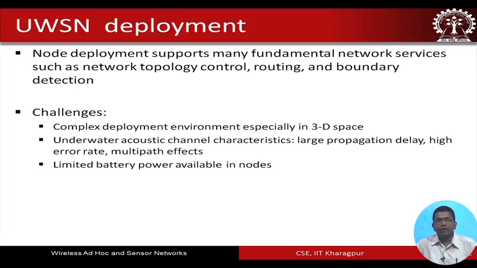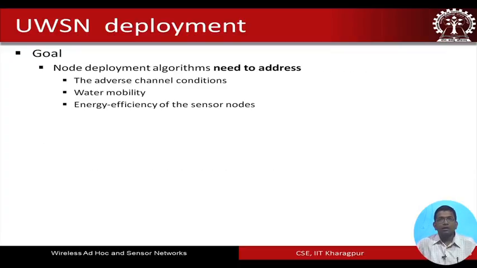In part 1 we have already gone through these different characteristics of underwater channels, and additionally we have limited battery power available in the nodes. So, the goal of deployment is that we need to come up with some algorithms that will address the adverse channel conditions, the mobility of water, and energy efficiency of the sensor nodes.